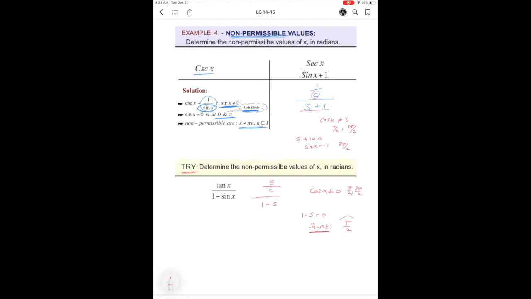And here are the answers. So you should have sine x cannot equal 1, and that's at this guy, and cos x cannot equal 0.